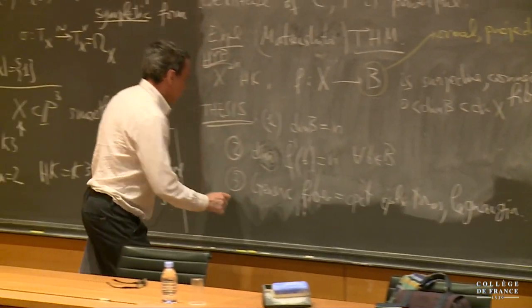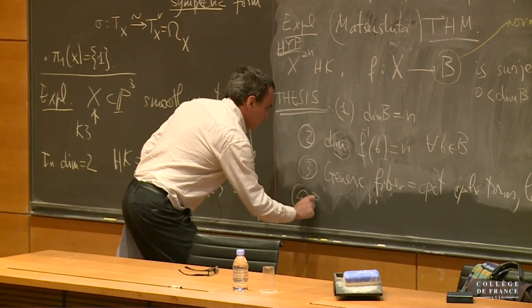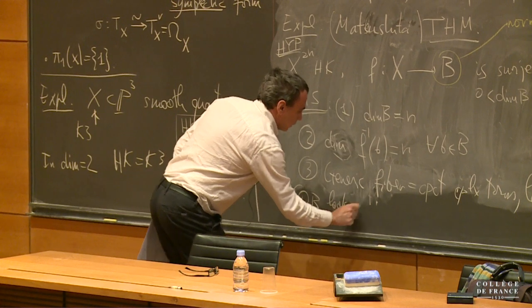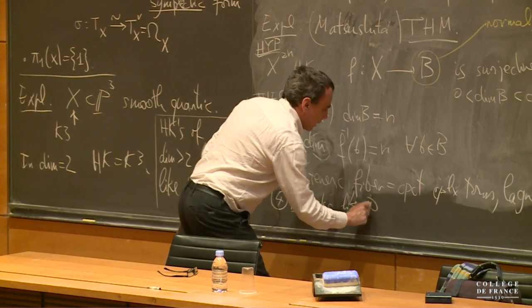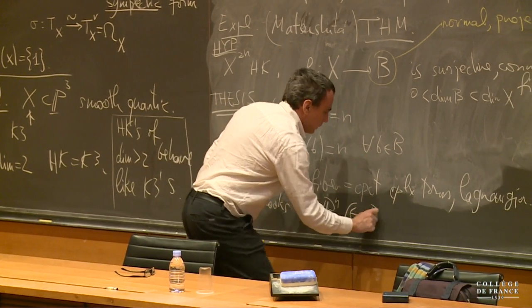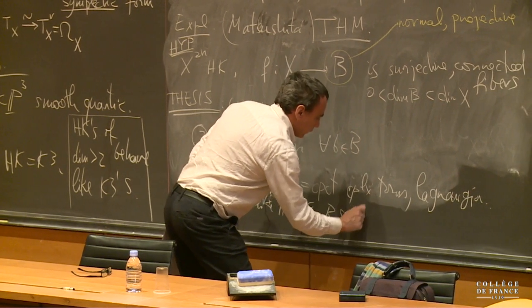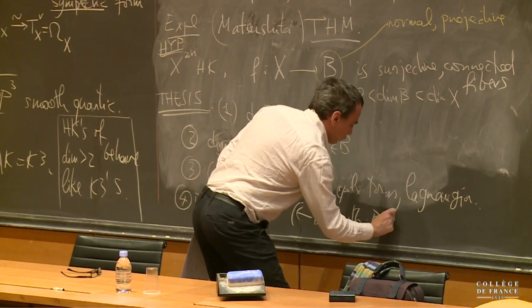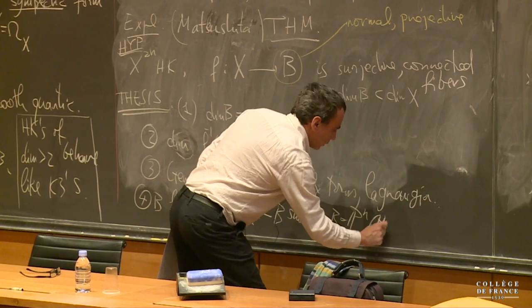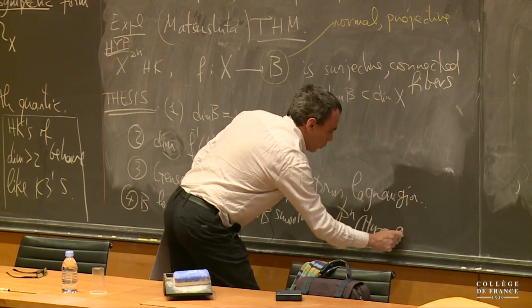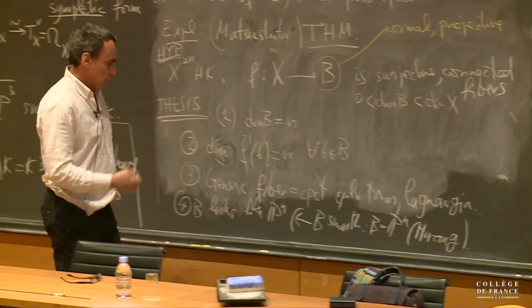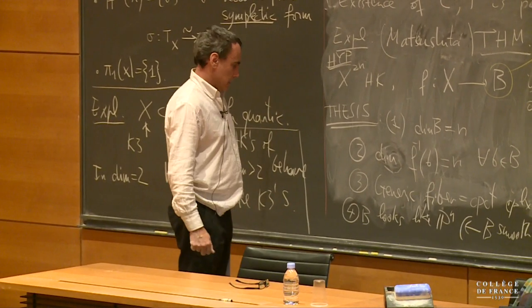And then there are some other things. B looks like P^n, and this is B smooth. This is actually B equal to P^n. This is a result of Hwang. Okay? So one has a lot of information.